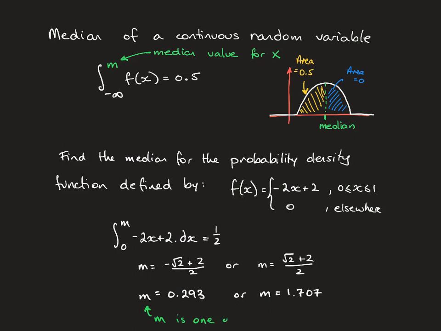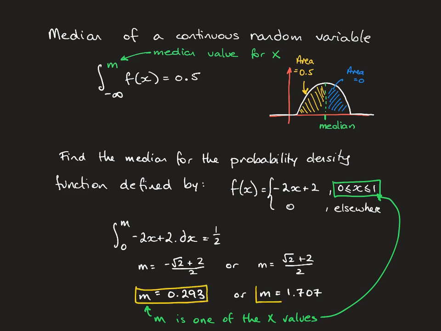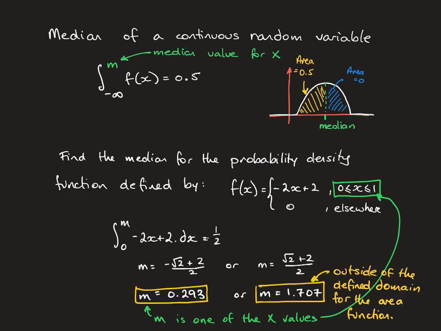And so what we need to have is we need to have our m value fit within this domain, which means that our actual median is this value, because this one is outside of the defined domain.